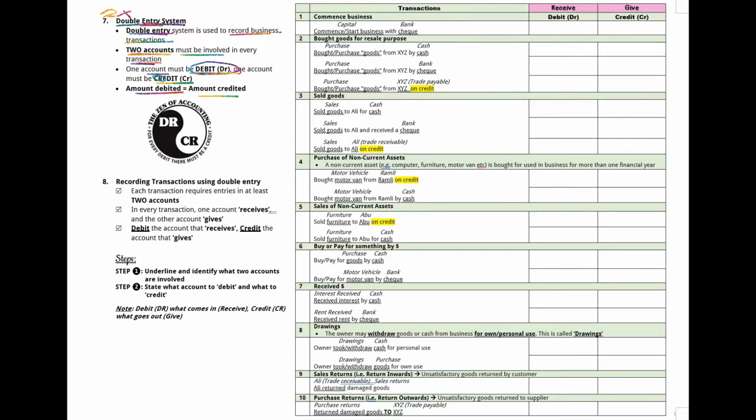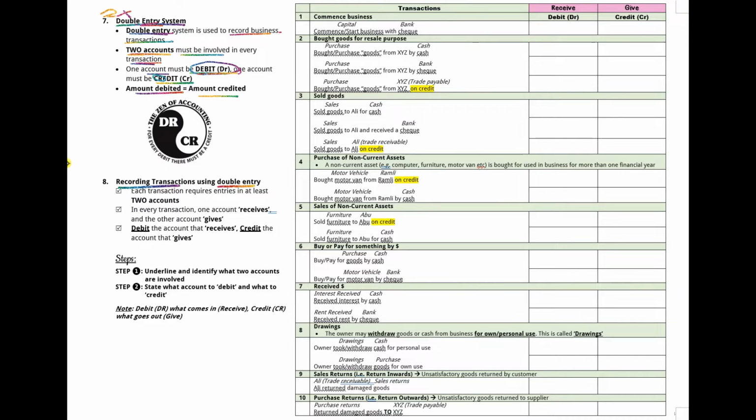No. So the amount debited equals the amount credited. You give $1, you receive $1 worth of food. Same for the transaction. You buy $100 of goods, you will receive $100 of goods. So we are going to record the transaction using the double entry.